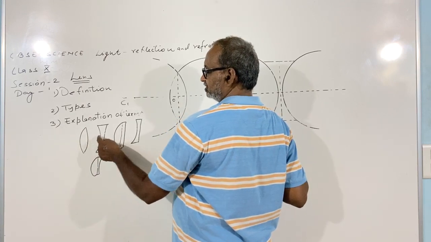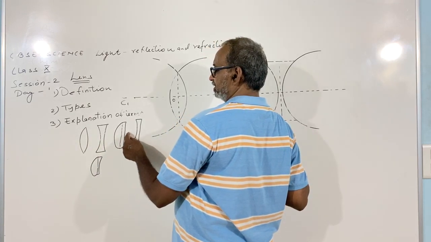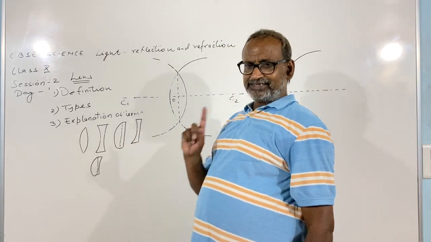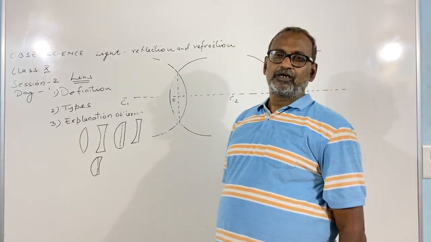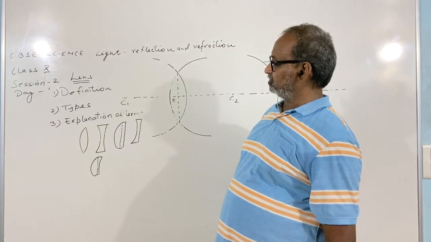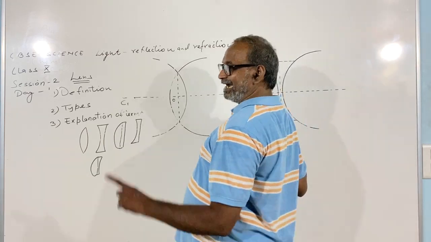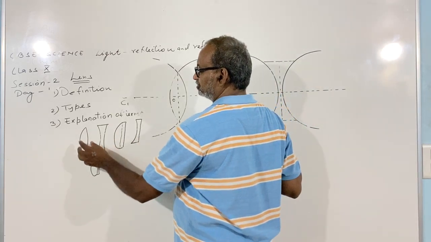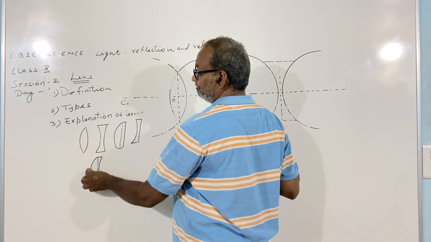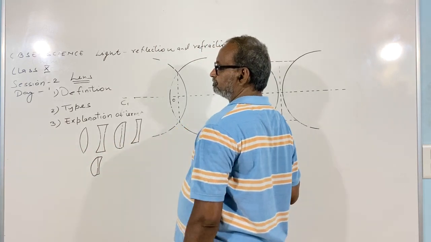These are the two surfaces. The condition is that out of these two surfaces, at least one surface should be spherical or curved.